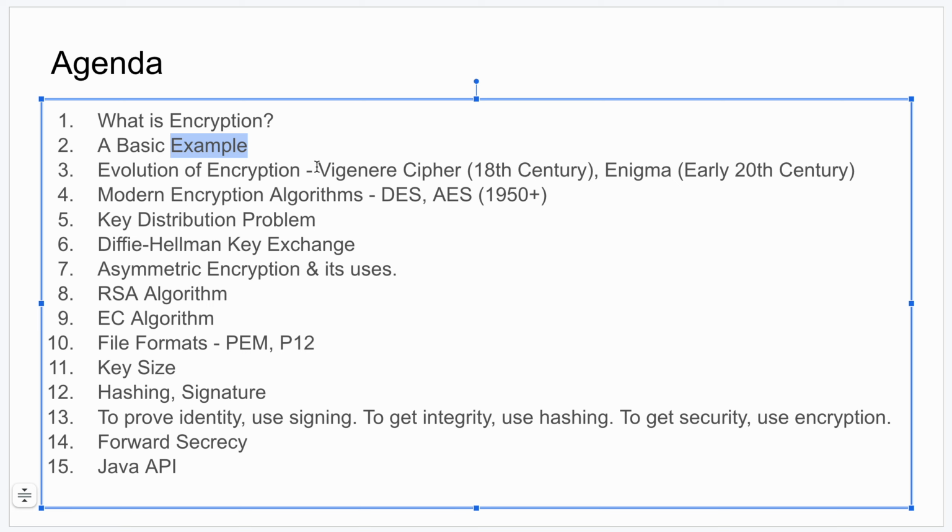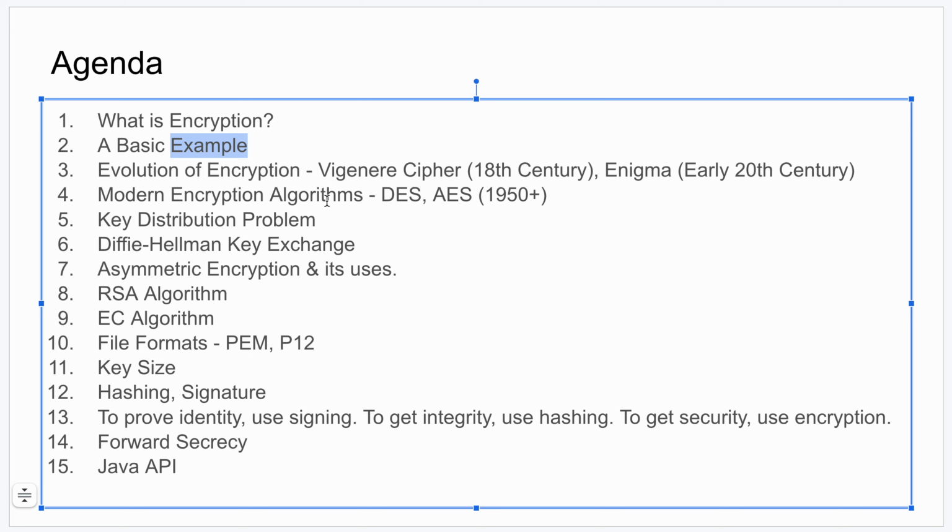In the meantime, we will also see how encryption grew in complexity and how it made it harder for cryptanalysts. Cryptanalysts is the other word for code breakers, to break these encryption algorithms.